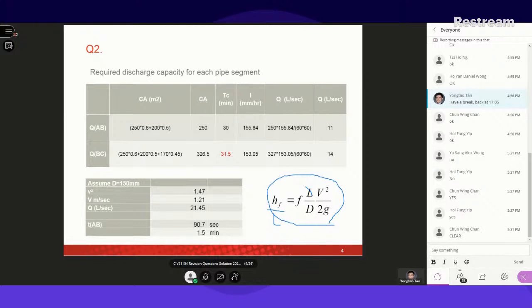So very easily you can get the capacity of the pipe, and of course you can get the velocity first. With the velocity and the capacity of the pipe, you get the travel time, the flow time in the pipe. So around 1.5 minutes.